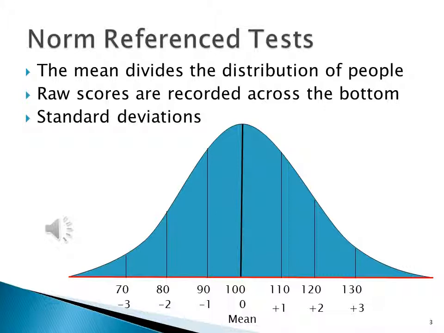The standard deviations are noted across the bottom underneath the scores. 0 is the midpoint, and then off to the right, +1 indicates 1 standard deviation, +2, 2, etc. And on the opposite side, on the left, -1 is 1 standard deviation below the mean or the norm.